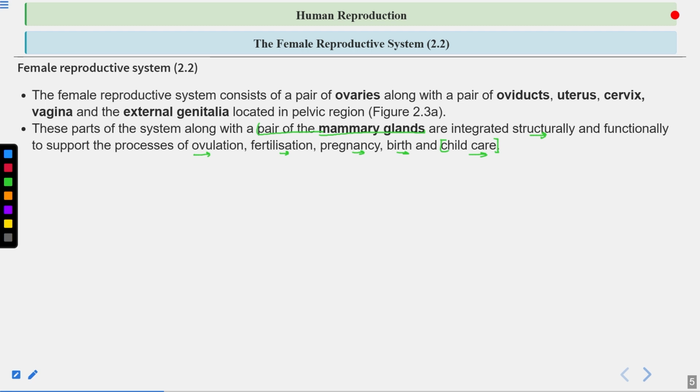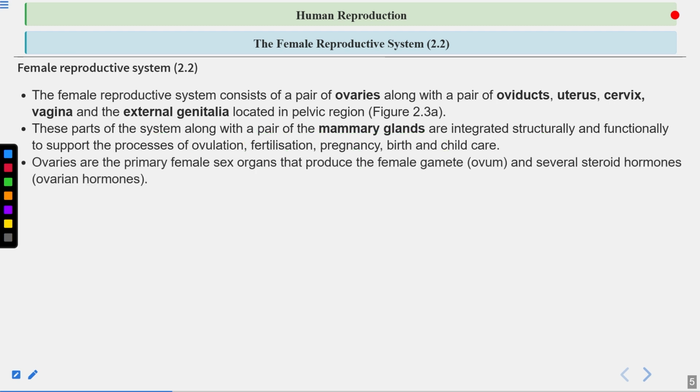The parts of the female reproductive system, along with the mammary glands, are involved in the processes of ovulation, meaning release of the egg; then fertilization, meaning fusion of the male and female gamete; then pregnancy, then birth, and then child care.